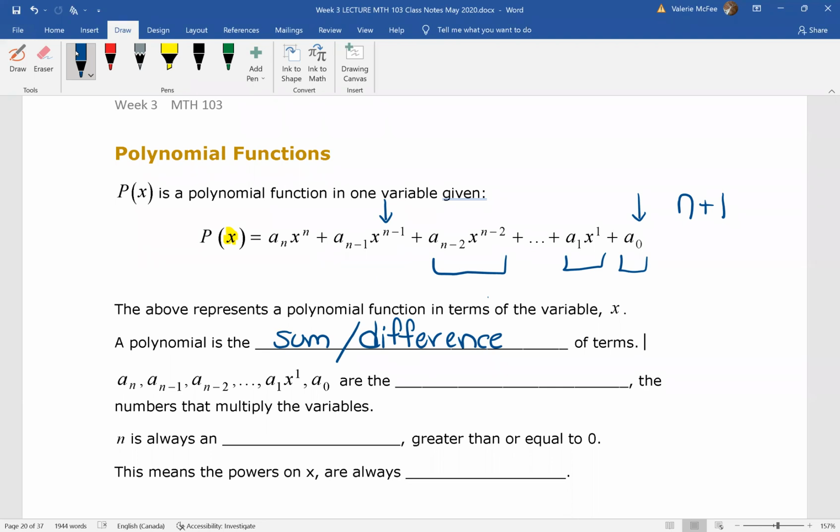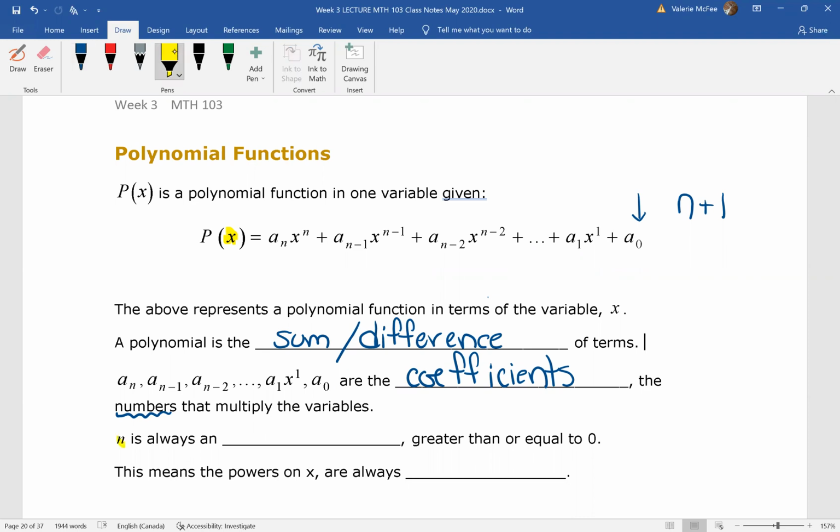All of those a's, a sub n minus 1, sorry, those represent the coefficients. I'm getting ahead of myself. Those are the numbers that multiply the variable, in this case, the variable x.